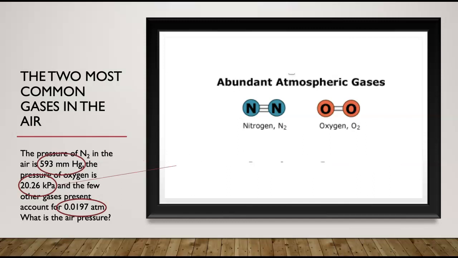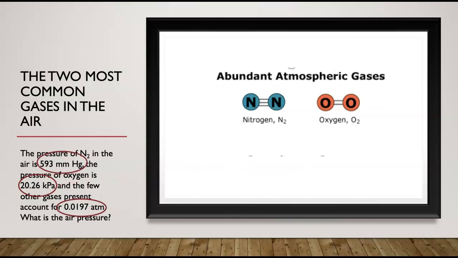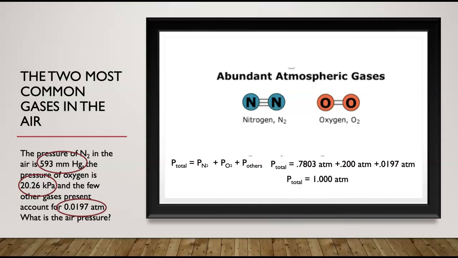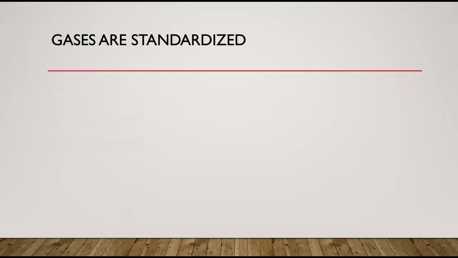I chose to convert my pressure from my oxygen also to atmospheres. And 0.2 atmospheres of pressure from the oxygen gas, and then the other gases were already in atmospheres. So I simply add all of those up together, and I get our pressure to be 1 atmosphere, which is typically what we're under. That is what we would call our standard pressure, 1 atmosphere.